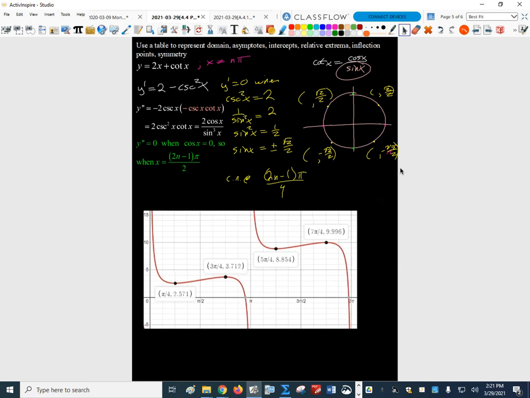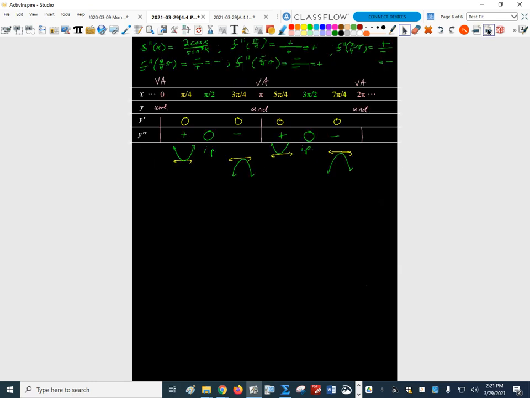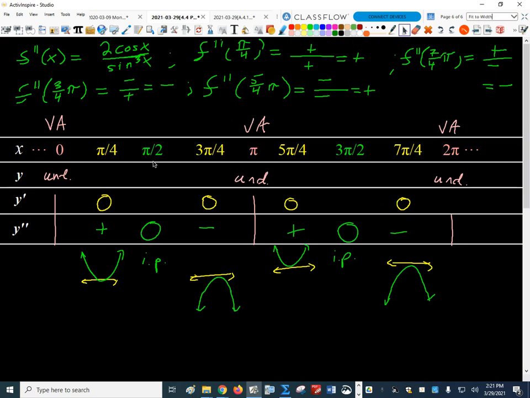There's my picture. All I'd have to do on my table is plug in those values. I could evaluate my function at pi fourths, pi halves, 3/4 pi, and get ordered pairs that would be easier to graph on the XY plane. They'd give me an idea of where those points actually sit.